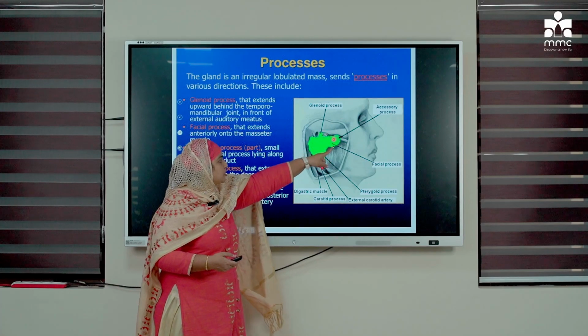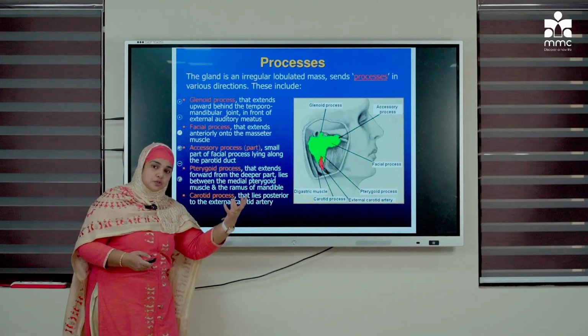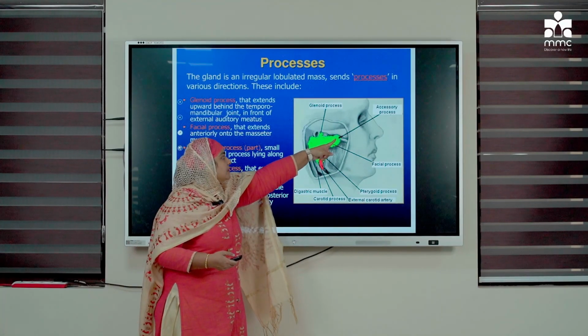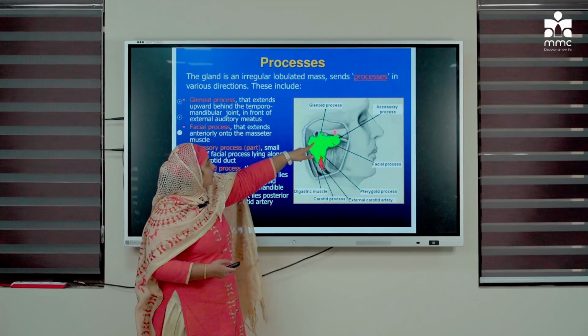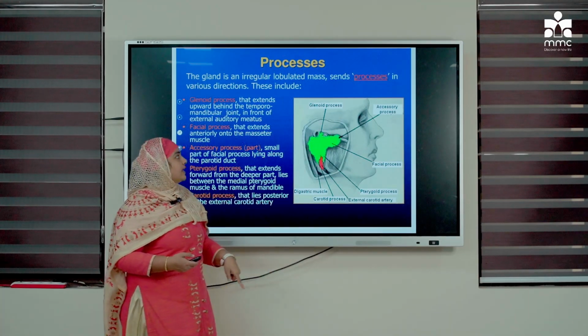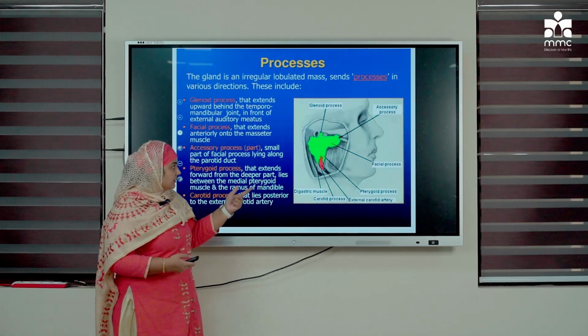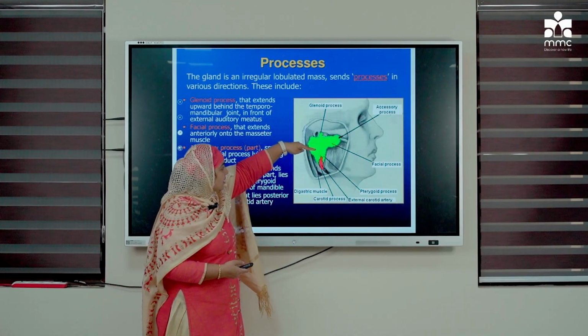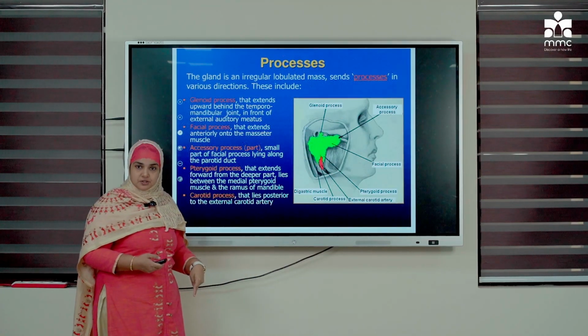From the facial process, you can have another extra process coming out, called the accessory process. Another process of the parotid gland goes upward towards the temporomandibular joint, known as the glenoid process. Then another process, called the carotid process, comes down towards the external carotid artery.